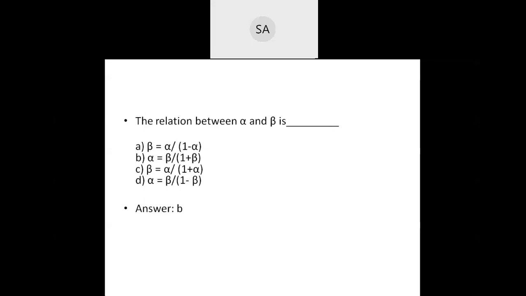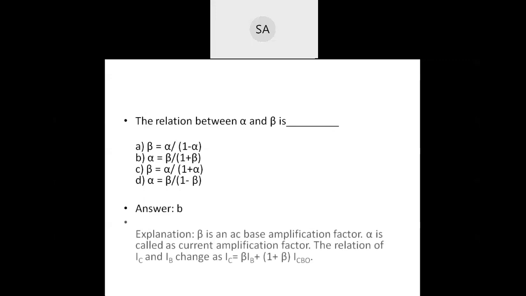So both A and B are correct. Beta is the AC current amplification factor. The relation of IC and IB changes as IC is equal to beta IB plus 1 plus beta ICBO. But if only the relation is asked, both A and B are correct.